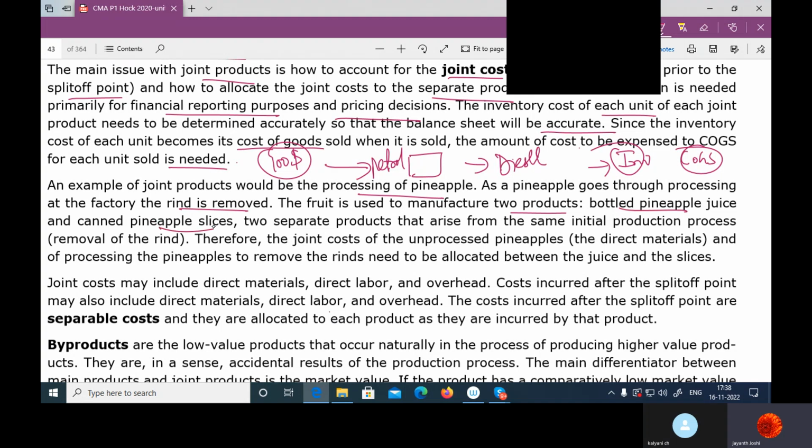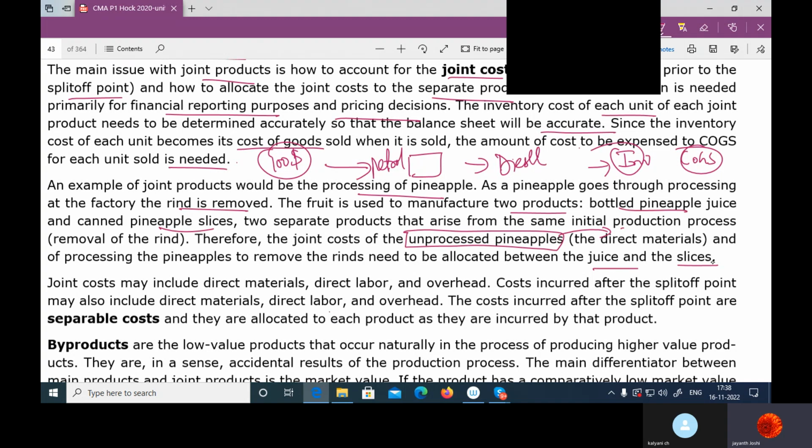Pineapple slices also come in tin packs, and those are sold in Ratnadeep and all stores. Two separate products arise from the same initial production process. Therefore, the joint cost of unprocessed pineapples, which was the raw material, am I right, and of processing the pineapples to remove the rinds needs to be allocated between juice and slices.